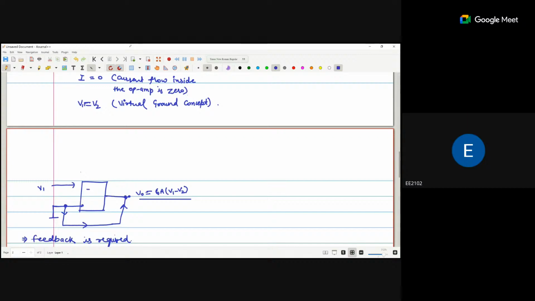If no current flows inside that, I can just compare it with an insulator. What is the property of an insulator? If you apply some current, it will not flow, and here we are getting I is equal to 0. That's why an insulator is used, basically to avoid electrical shock.